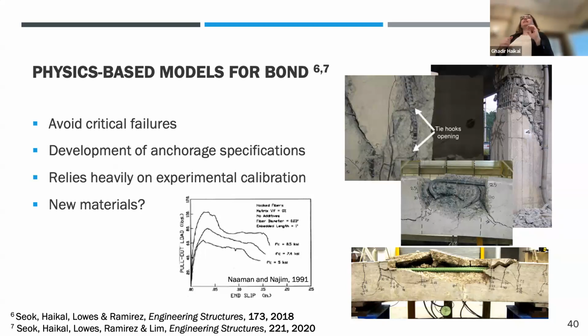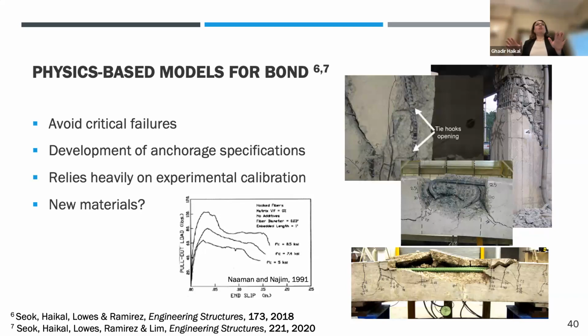So the idea here is, can we use our work in interface modeling to capture the bond behavior from numerical solutions accurately? And those would be physics driven, so no calibration. We're trying to just represent what's happening on the interface from the properties of both materials and the properties of the interface.